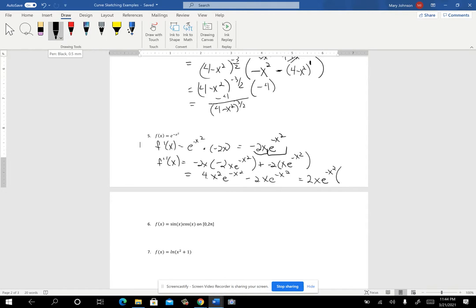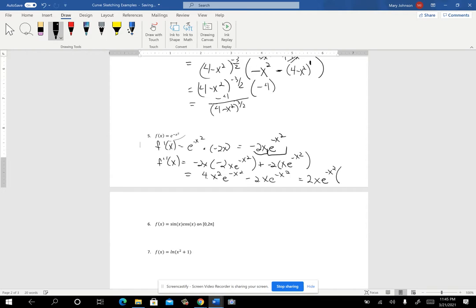Let me check, let me look again. All right, so I did derivative of this was e to the negative x squared times negative 2x, which would be negative 2x e to the negative x squared.